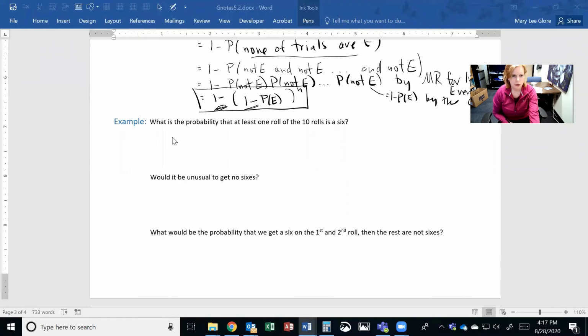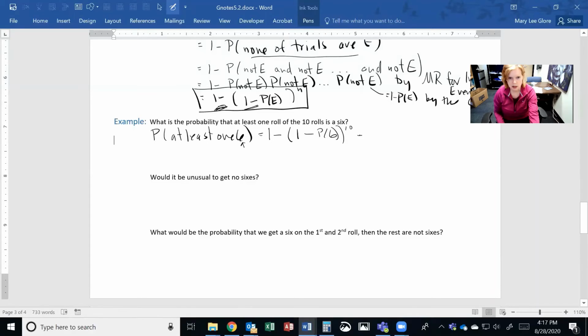All right, so let's do an example. What is the probability that at least one roll of the 10 rolls is a 6? All right, so we're going to roll 10 times. So the probability of at least one 6 equals, with our at least one rule, 1 minus (1 minus the probability of this guy), raised to however many trials there are.